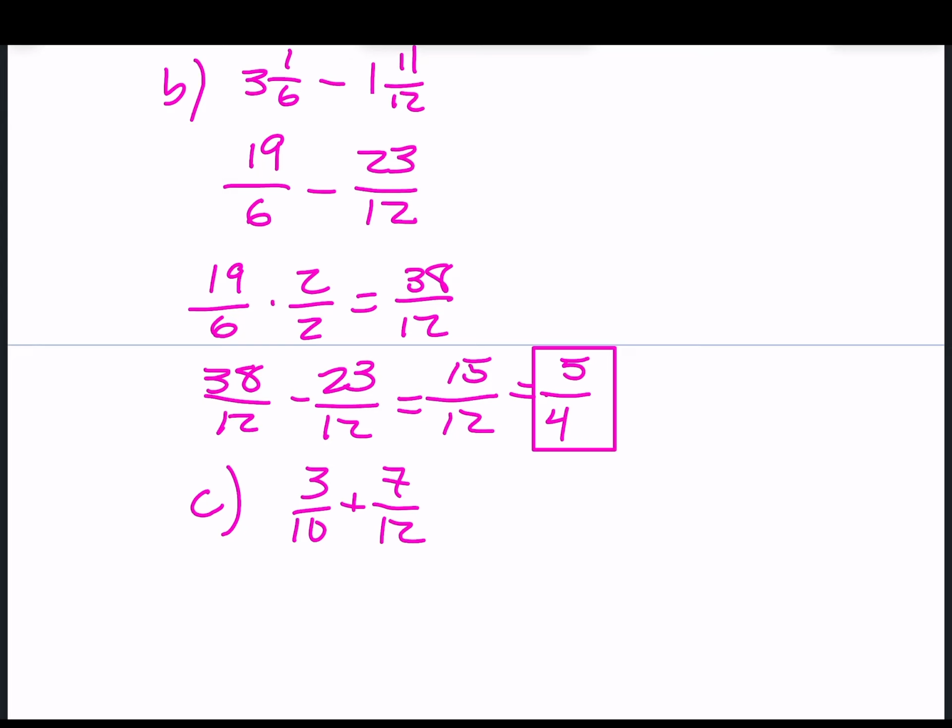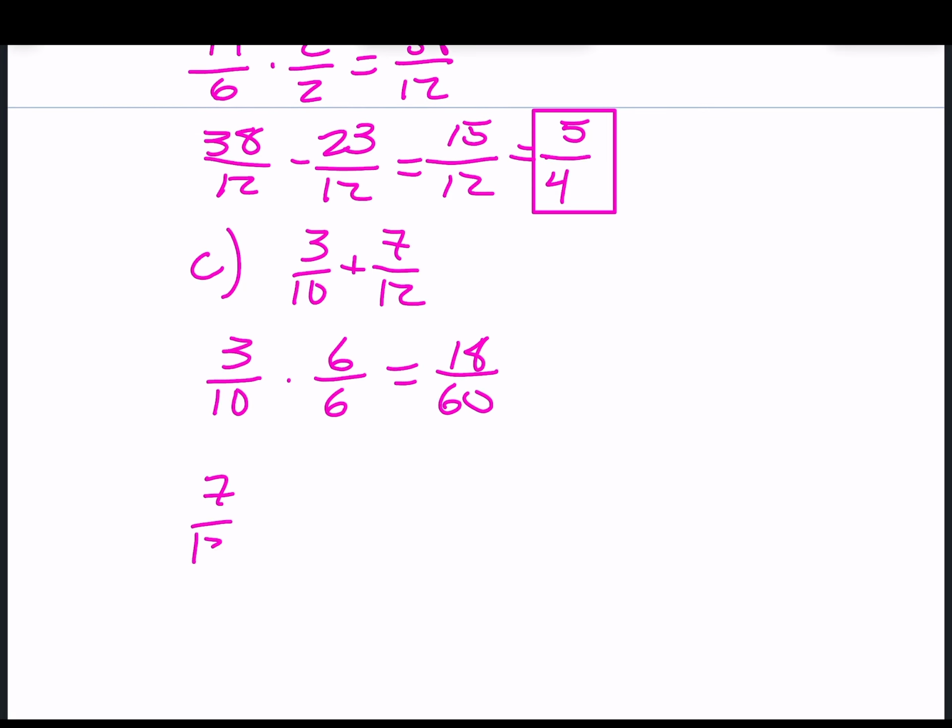Again, we look for the first time we get to a common multiple, so we have 10, 20, 30, 40, 50, 60, 12, 24, 36, 48, 60. First time is 60, so 3 over 10 times something is equal to something in 60ths. So 10 times what is 60? Well, that's 6, so 6 over 6. 3 times 6 is 18.